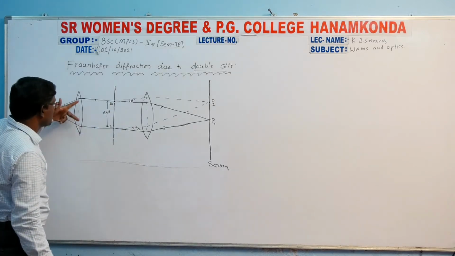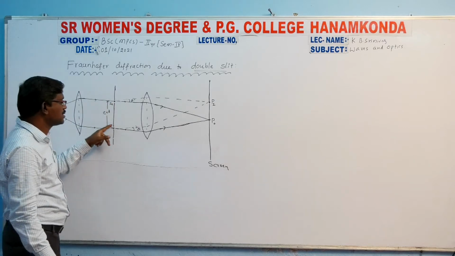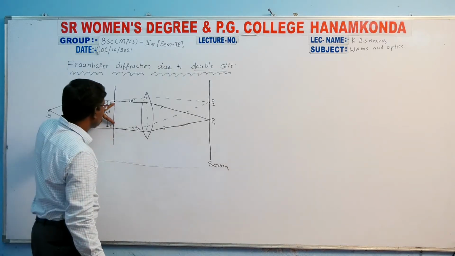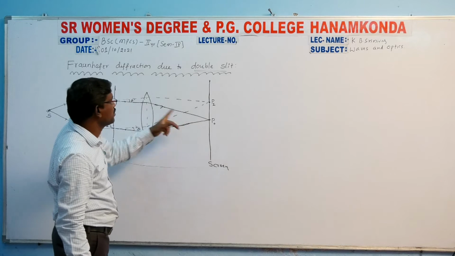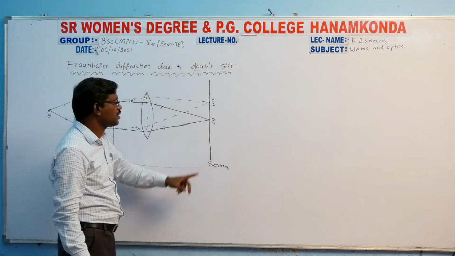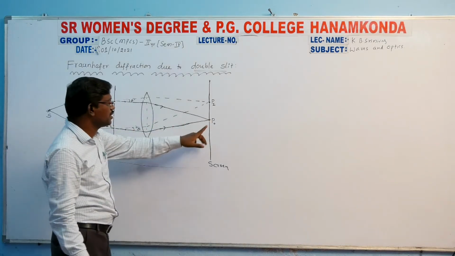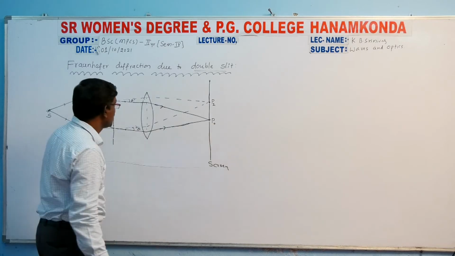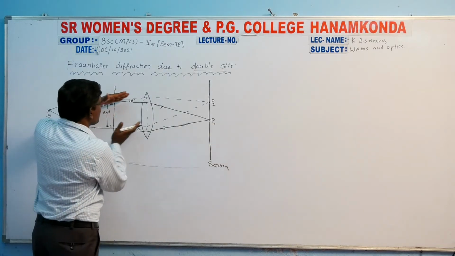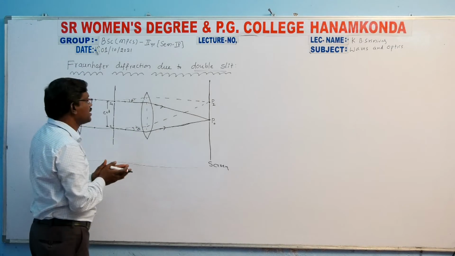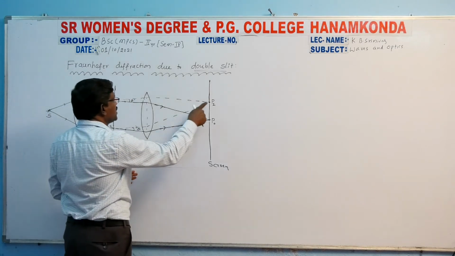The light rays passing through these slits, if they are traveling normal to the slits, are focused by the lens at P naught and form an image at P naught. Definitely it will be a bright fringe only. The rays which are deviating through an angle theta will be focused at P1.